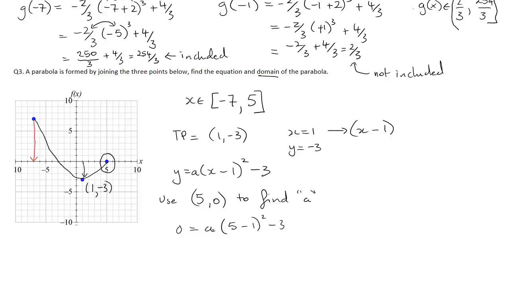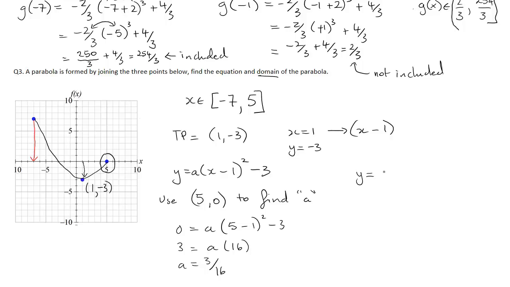So carry the 3 over to the other side. So 3 equals A times 4 squared, so 16. And A is equal to 3 divided by 16, which we can then use to find the equation.